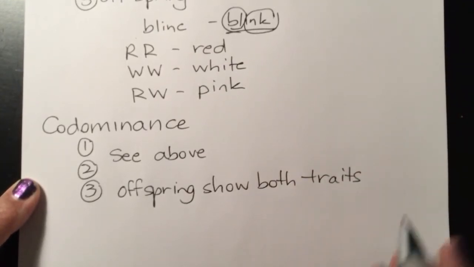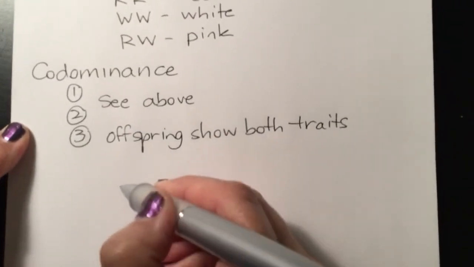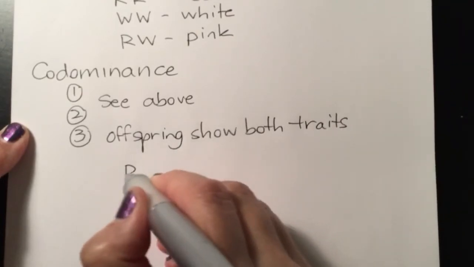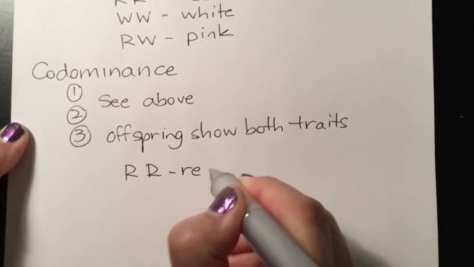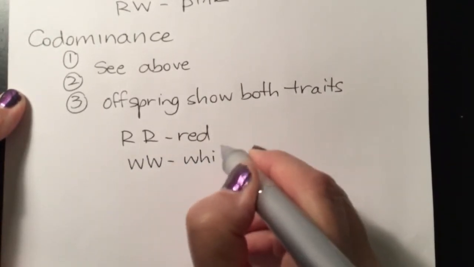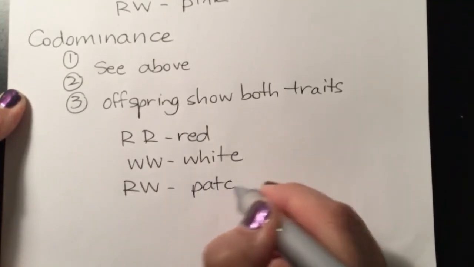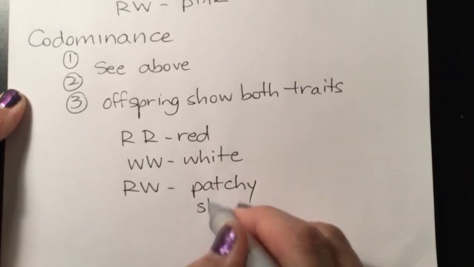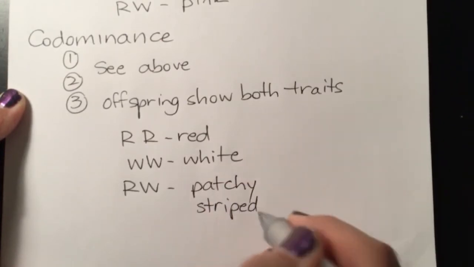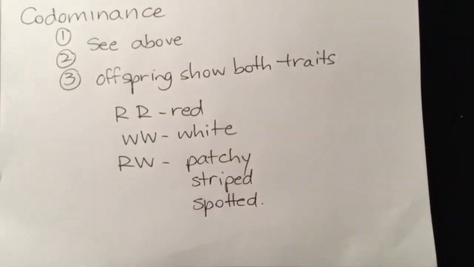So for example, if it's incomplete dominance, we would have a RR red and a WW white. And RW is either going to be patchy or striped or spotted.